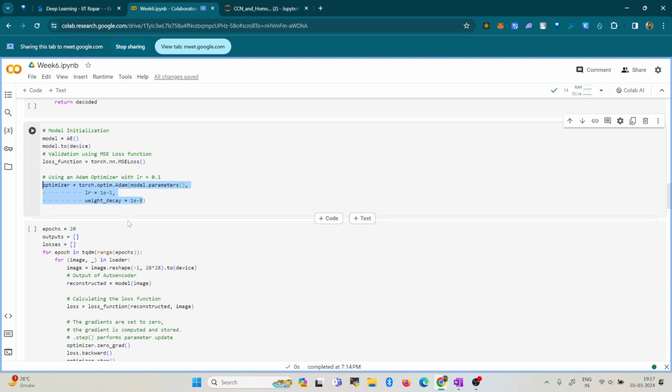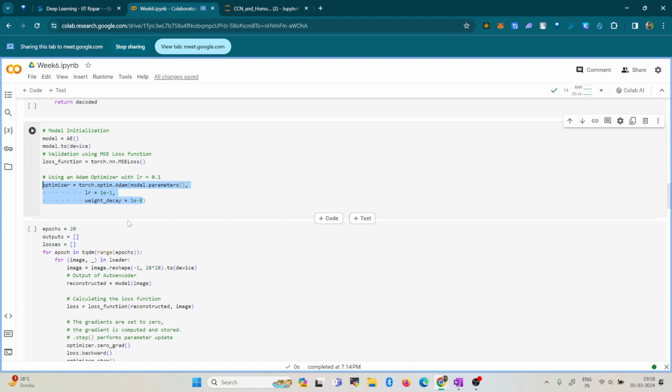Just a recap of what we have done till now. We have downloaded the dataset. We have defined a class of autoencoder which contained an encoder part, a decoder part, and a forward function which tells you how your input variable should flow. Then we defined a variable named model of this autoencoder type.